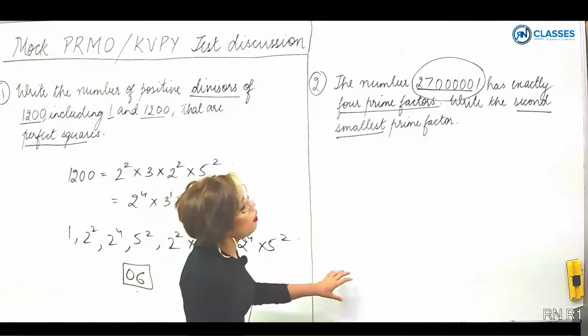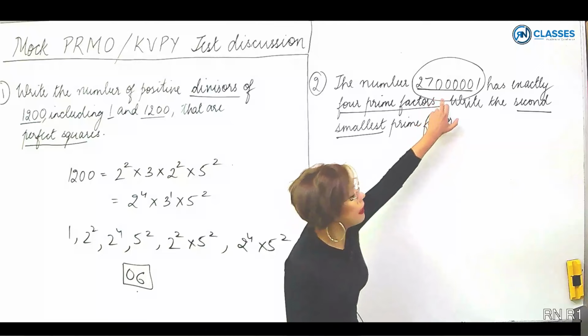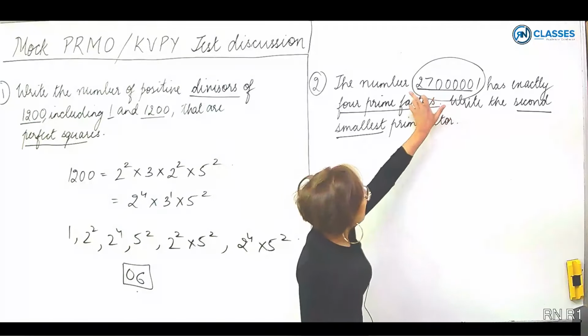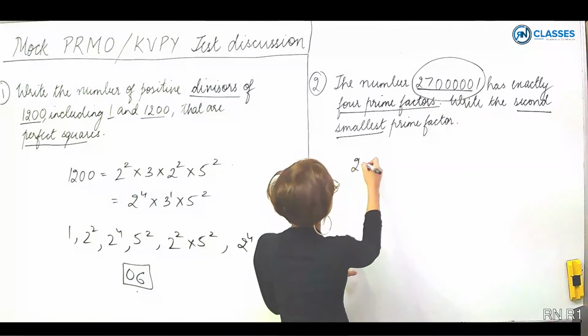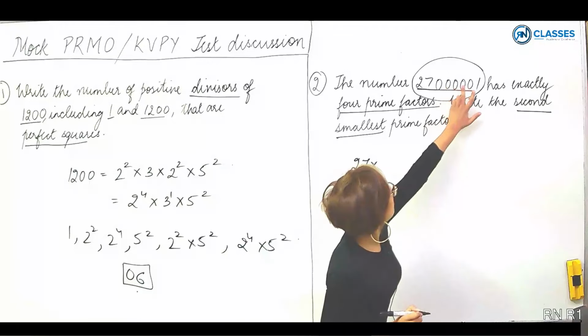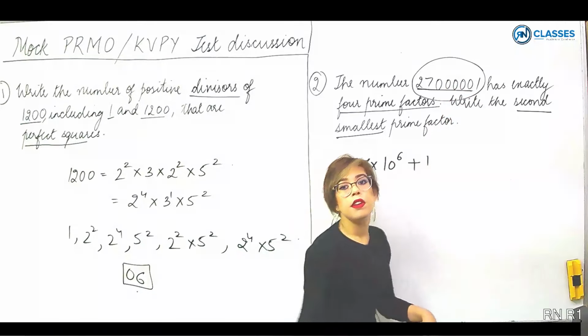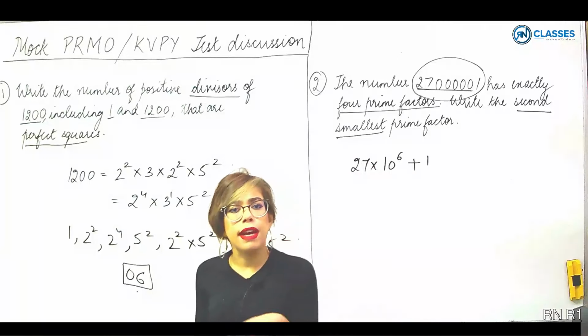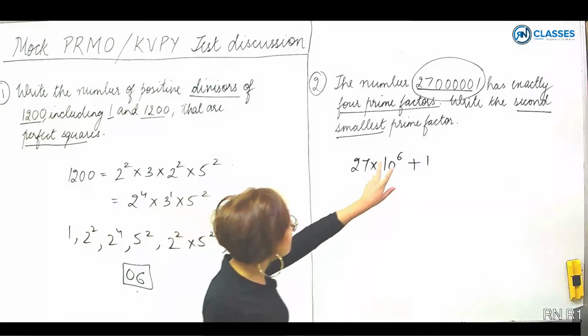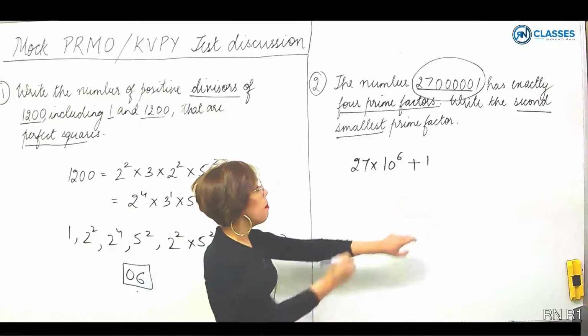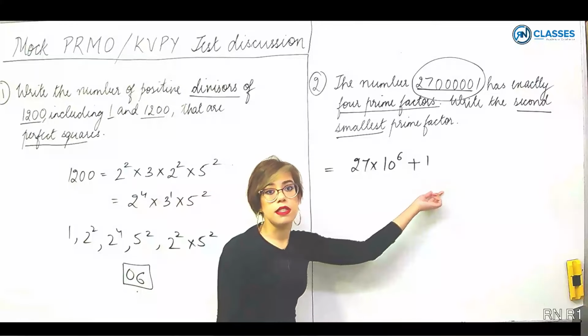But what I want to highlight is this number is really nice. Because I can write this number as 27 into, how many zeros are there, 10 raised to the 6 plus 1. Now divisibility comes from factorization. Now I have written this number in this form. Why? Because I can easily factorize this.